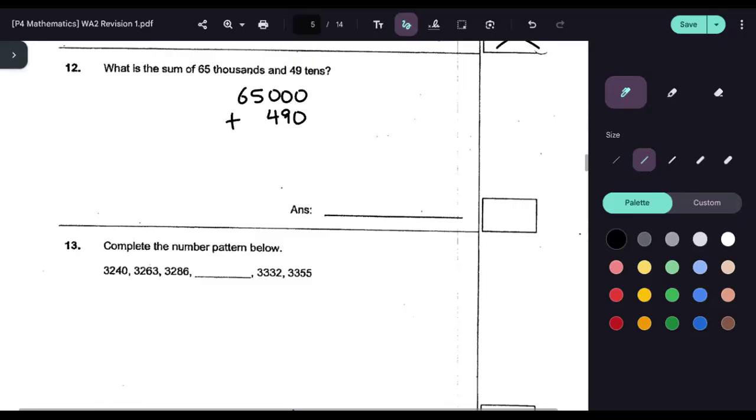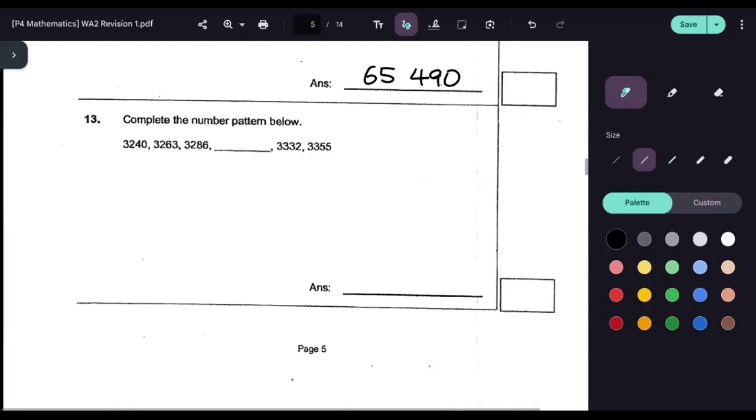Yes, it's correct. So the answer will be 65490. Alright, let's go on to the next one.